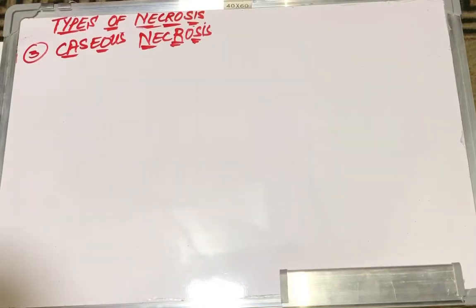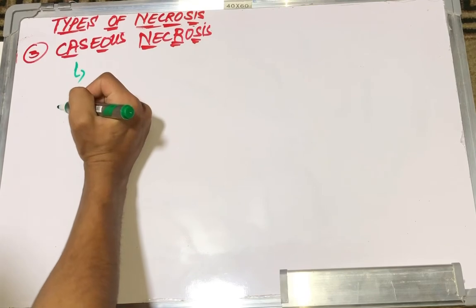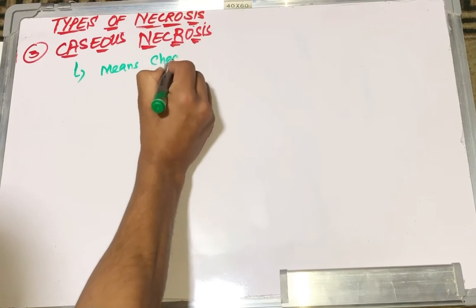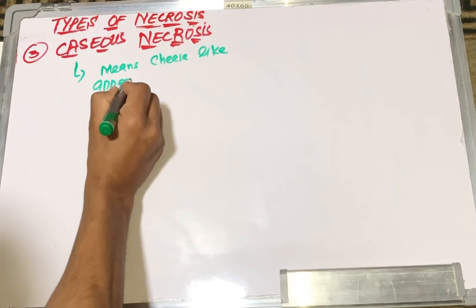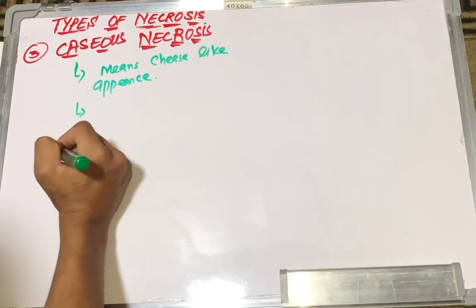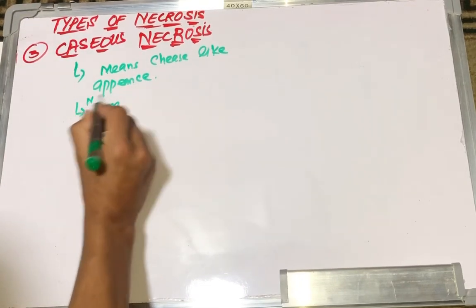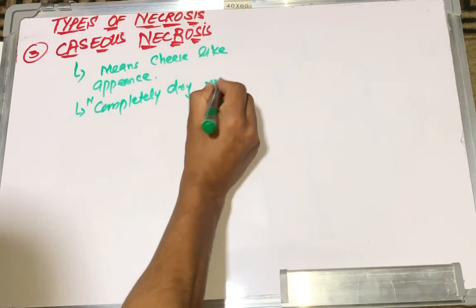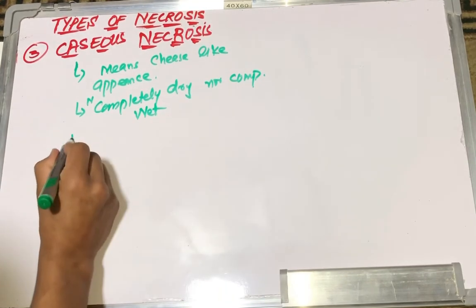Okay, so now the third type of necrosis is caseous necrosis. Caseous necrosis means cheese-like appearance. Caseous necrosis is not completely dry, nor completely wet.